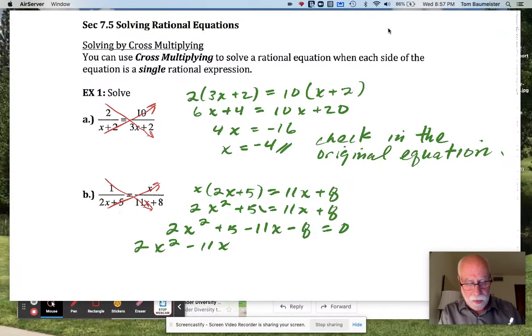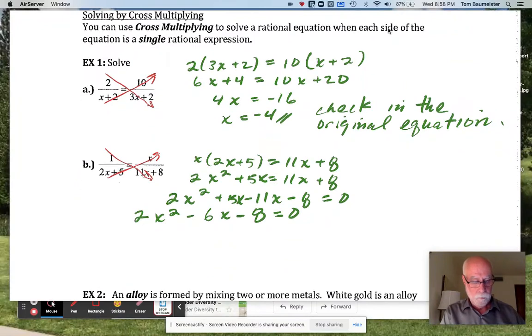That was a 5x there. That's why I wasn't working out. So that'll be 5x minus 11x. Again, I'm not going to stop it for that. I noticed my mistake. So I'm going to have a negative 6x minus 8 is equal to 0.